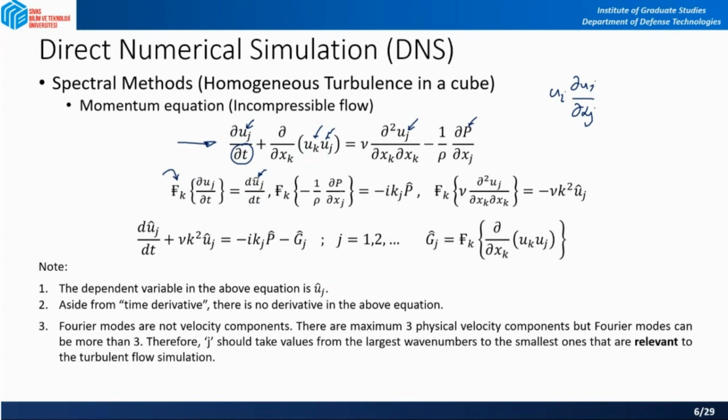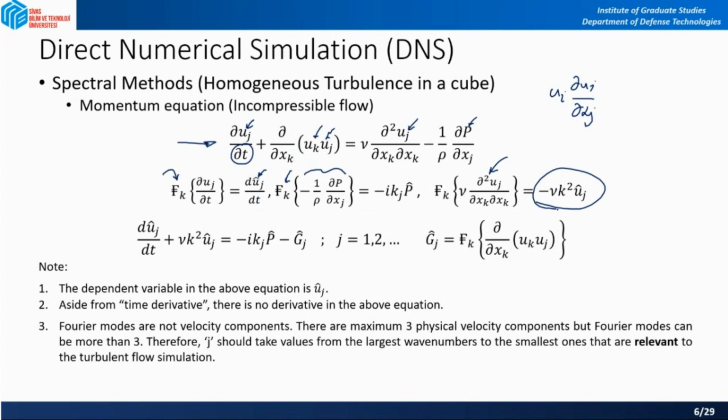All other terms, as you can see, for example, if you apply operator F on the pressure term, it gives you minus i times k times p hat. When you apply it to the viscous term, it gives you another algebraic term, minus nu k squared u hat.